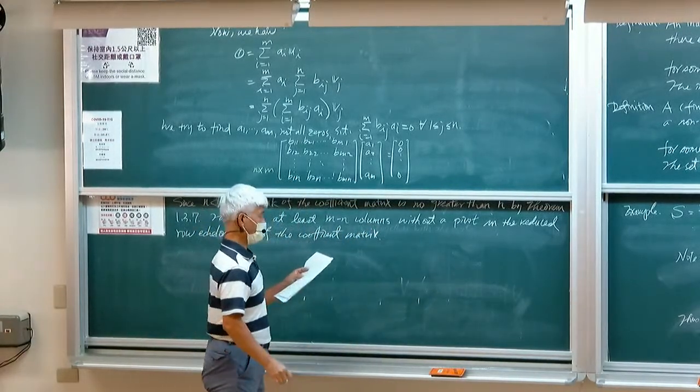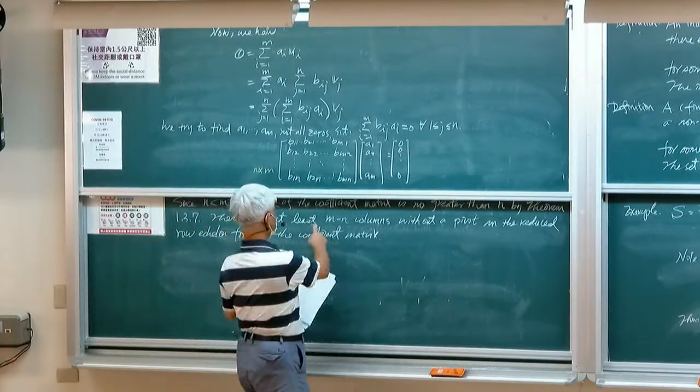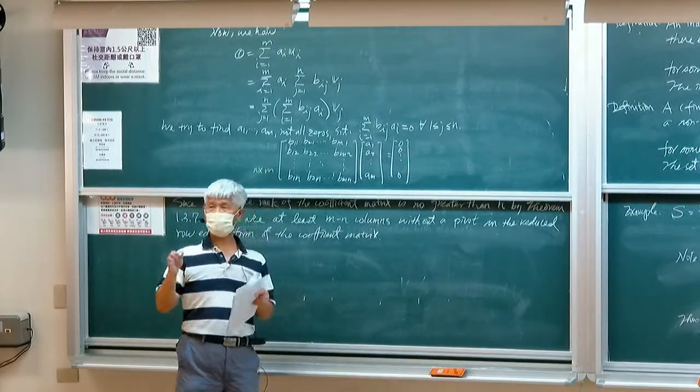Okay, so the unknown variables corresponding to these m minus n columns can be selected as free.